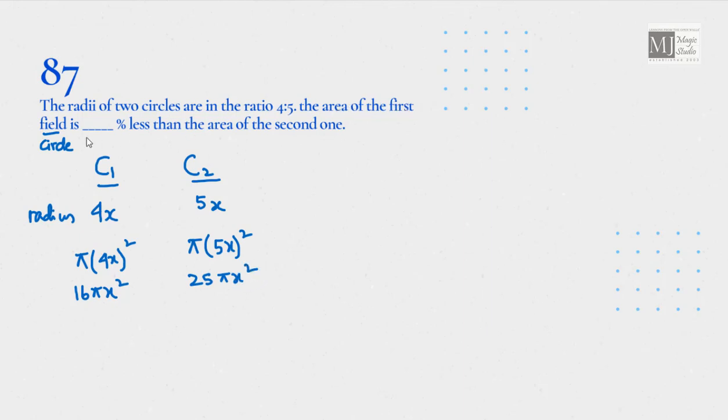Area of the first field is how much percent less? First we have to find the difference. Difference between C2 and C1 is 25 pi x square minus 16 pi x square, that is 9 pi x square. So area of the first field is how much percent less than area of the second one?